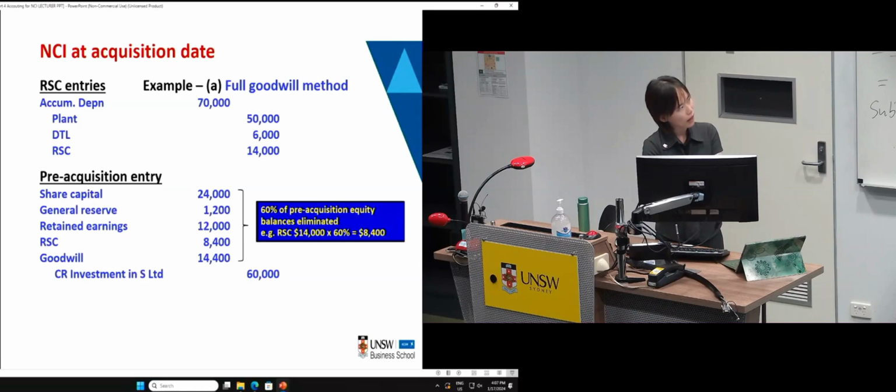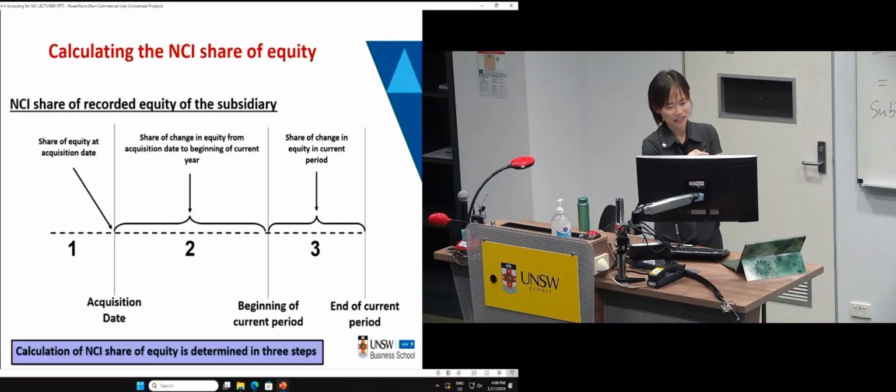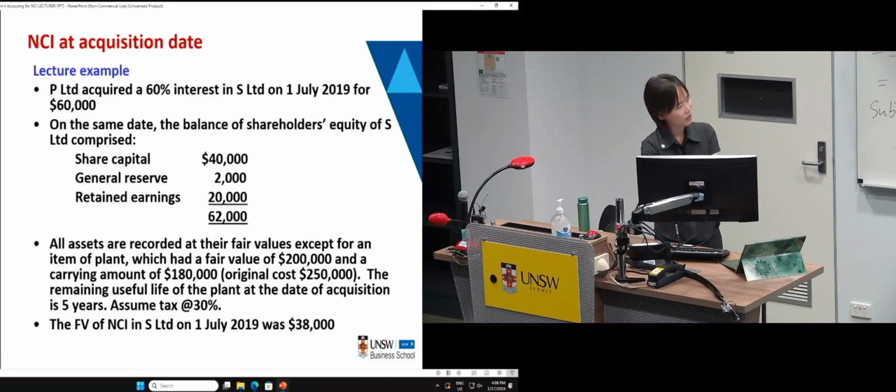You can see this RC entry is to adjust plant from its carrying amount to fair value. Now let's recall the information in relation to this item. The plant has an original cost of 250,000 and a carrying amount of 180,000. The difference represents accumulated depreciation of 70,000.